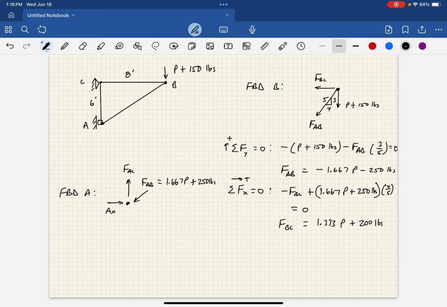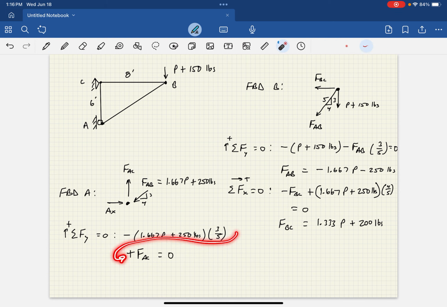And so here I'm going to say sum of the forces in the y direction equals 0, and I'm going to say negative 1.667 P plus 250 pounds, and that's going to be multiplied by 3/5. Remember, this is at a 3, 4, 5 slope, and then of course we're going to add on there plus FAC equals 0. So I kind of had to wrap this equation around here.